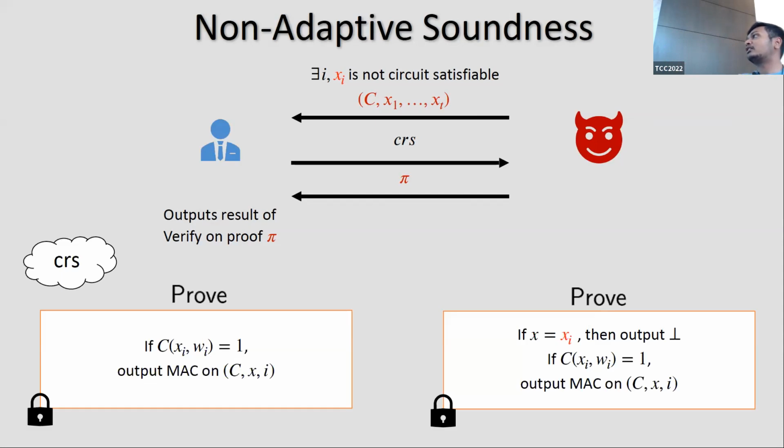So in our security game, basically, we are going to change the proof program so that on some of these XI, when XI is an instance which is not circuit satisfiable, it will always output bot. Since XI was a statement which was not circuit satisfiable, notice that these two proof programs are always the same on all inputs. So we can use IO security to argue between these.